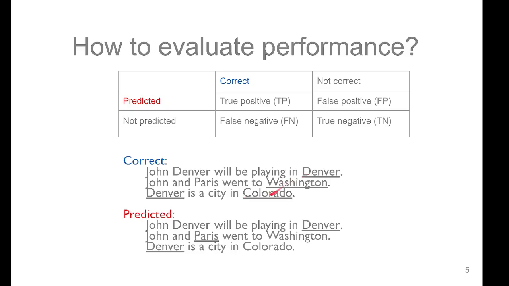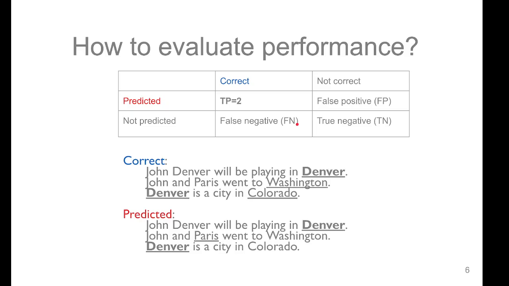The underlined 4 items here are locations, and our predictor, our machine learning algorithm, predicted these 3 over here. Now let's see how that translates into these measures of TP, FP, and FN, and then how to turn that into some higher order variables of precision and recall.